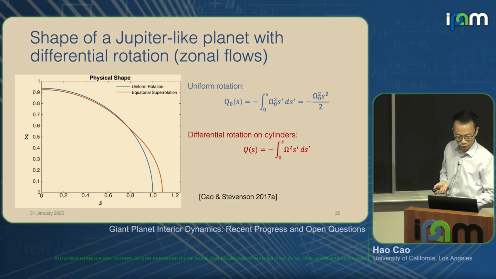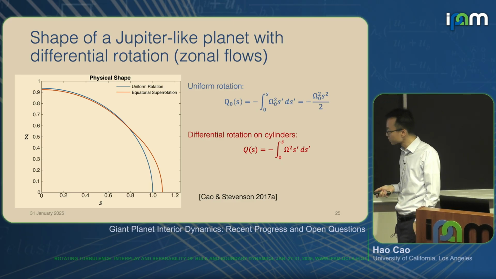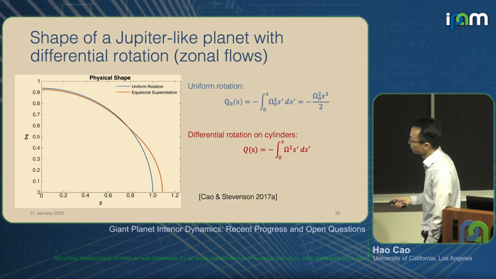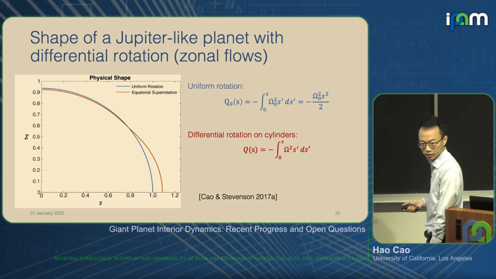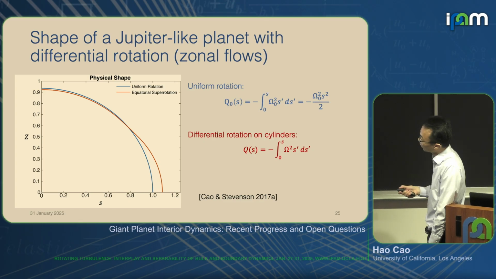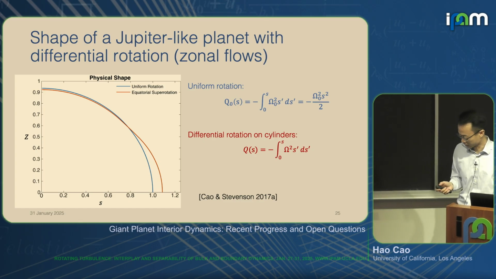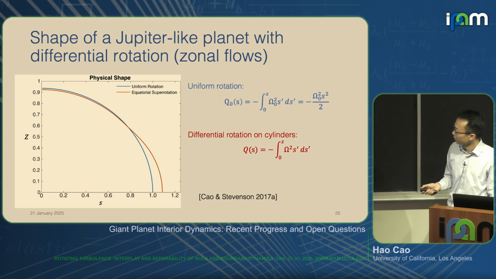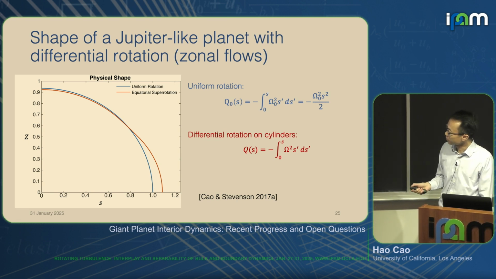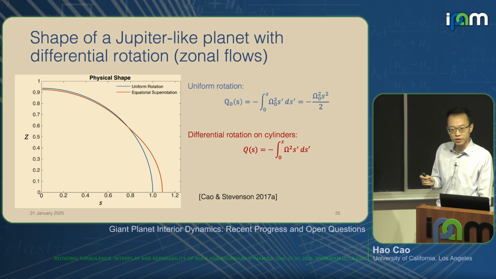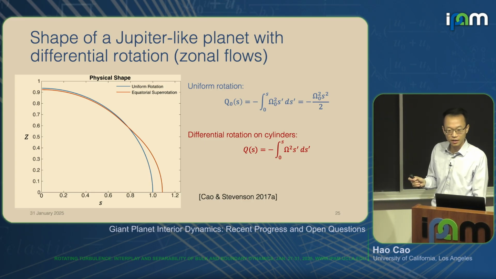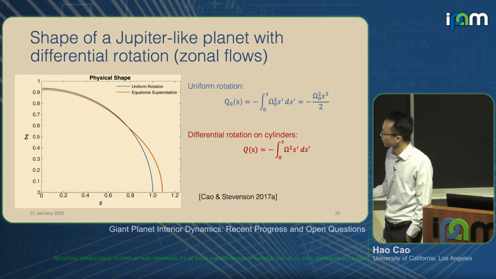If you then compute the response, if you just add an equatorial superrotation, the equator will start to bulge out, and the poles would actually shrink. Right? There are different ways of understanding this, because once you start to change the shape here, you change the density perturbation, and that has feedback effects on everything else.